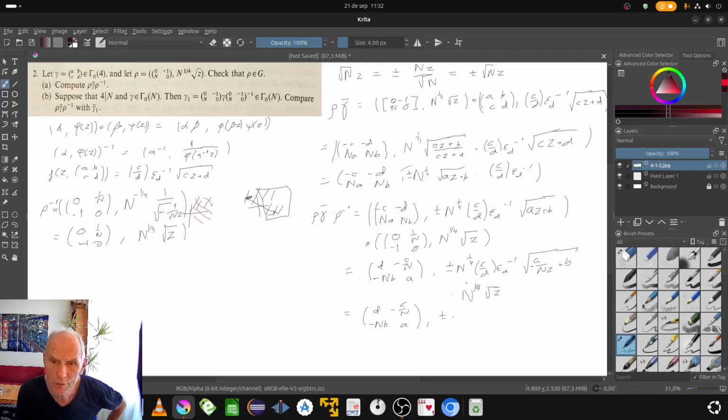So this gives square root n, square root z, so we multiply by that under the sign. So first the symbols, and then square root minus a plus minus nbz.